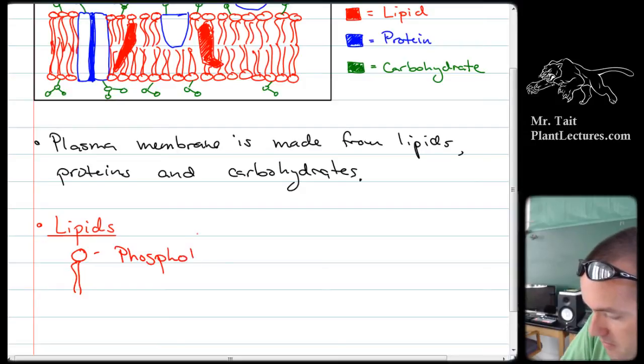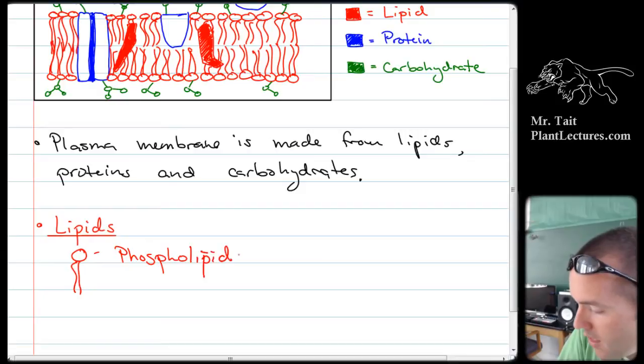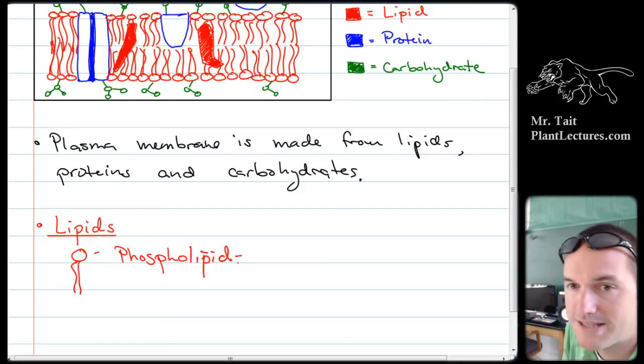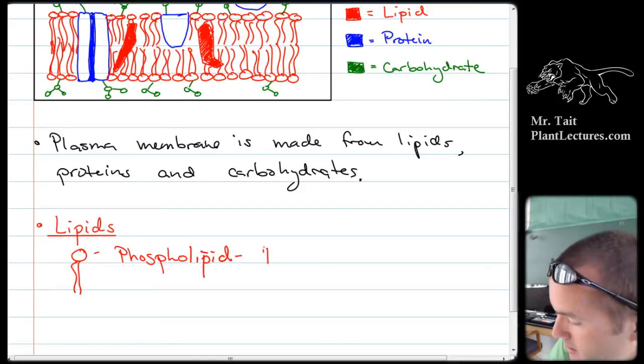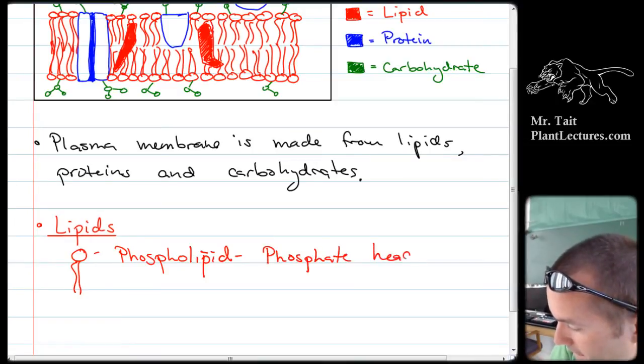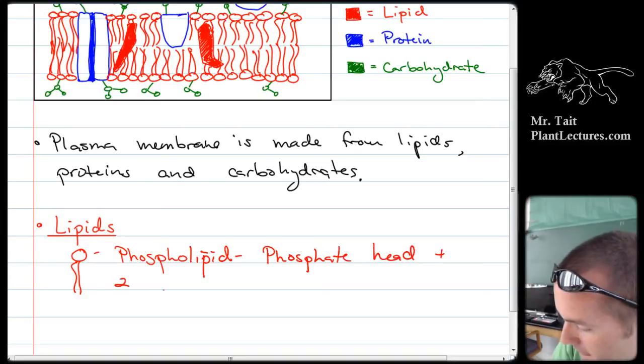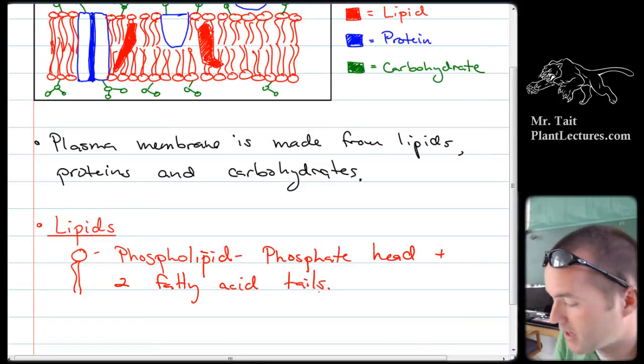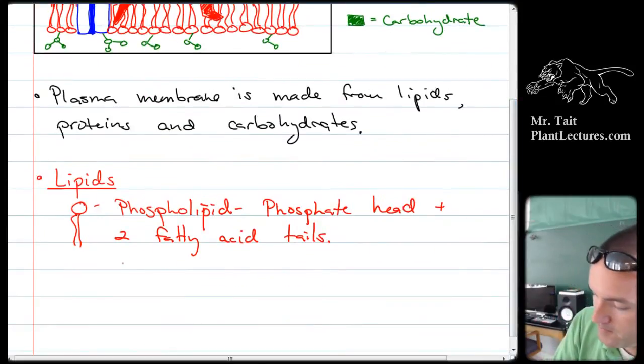We've talked about it in a fair amount of detail already. We know that phospholipids are a phosphate head and 2 fatty acid tails. And they make up the phospholipid bilayer.